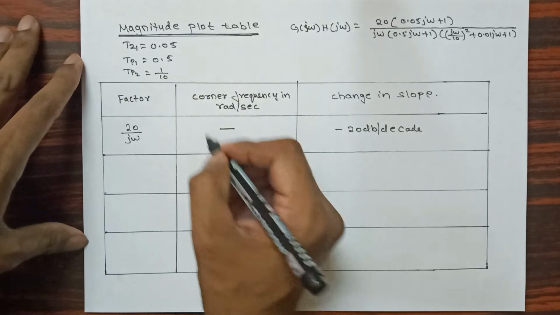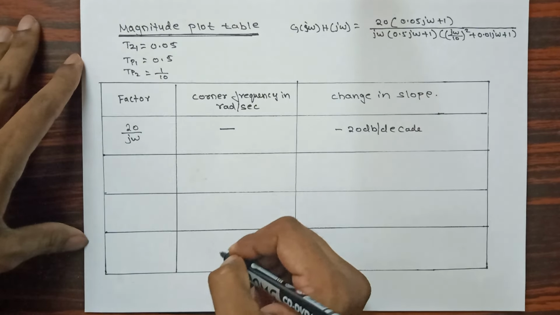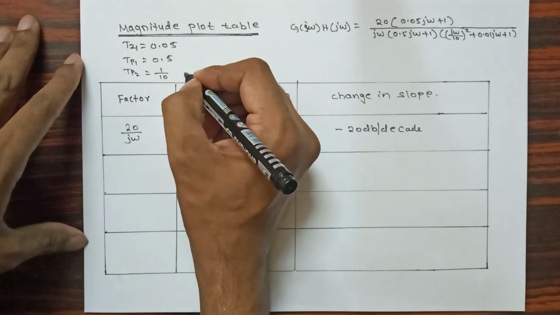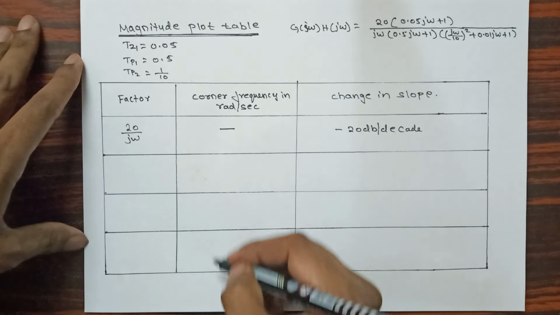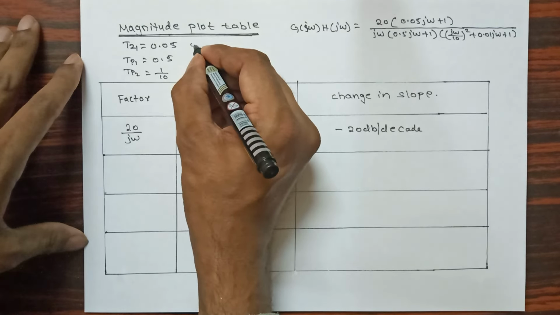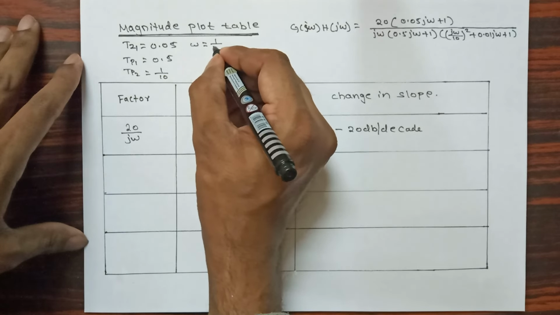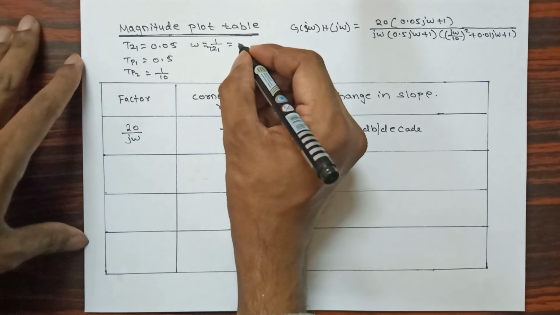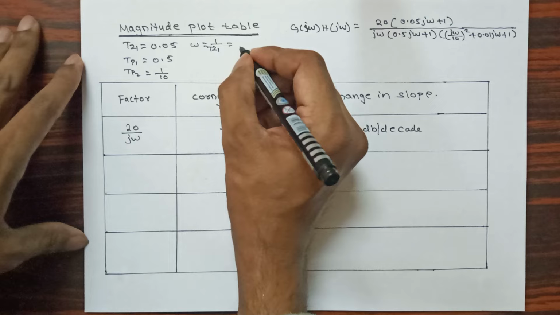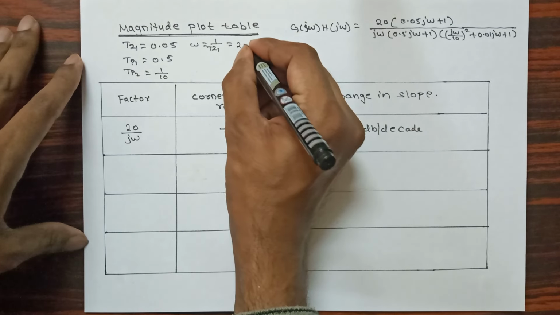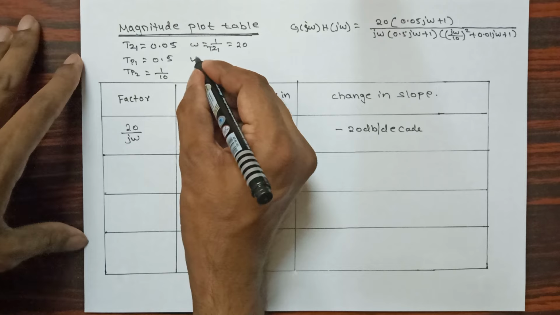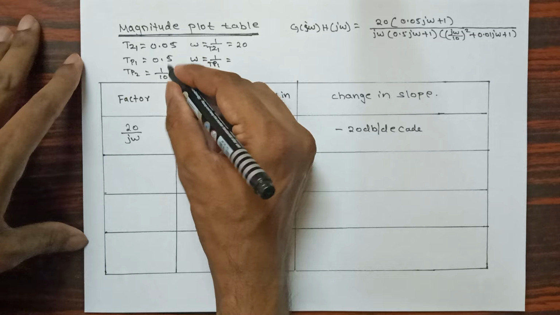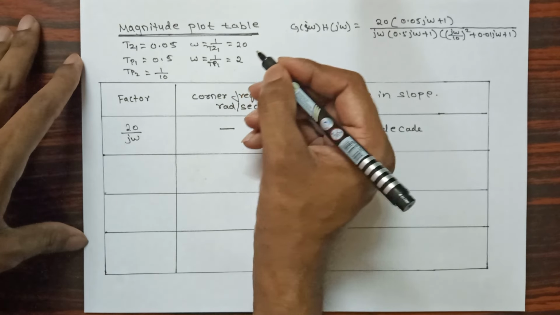Now we need to find the corner frequencies, but I need to check which one to consider first. I will get different omega values, but I need to consider them in ascending order. Omega equals 1 by tz1, that is 1 by 0.05, which is 20. Next omega equals 1 divided by tp1, which is 1 divided by 0.5, so omega is 2.